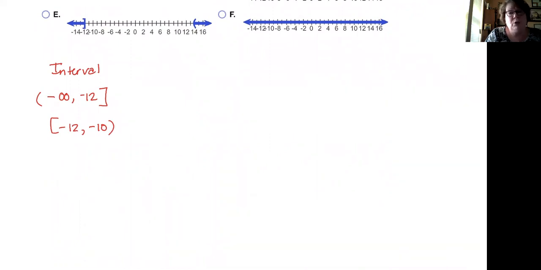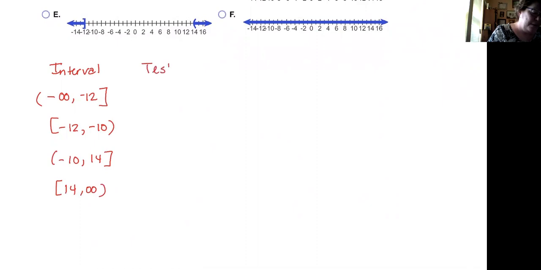So I'm going to exclude -10 from my solution. What do we have? From -10 to 14, and from 14 to infinity. All right, now let's pick a test value in each of these 4 intervals.